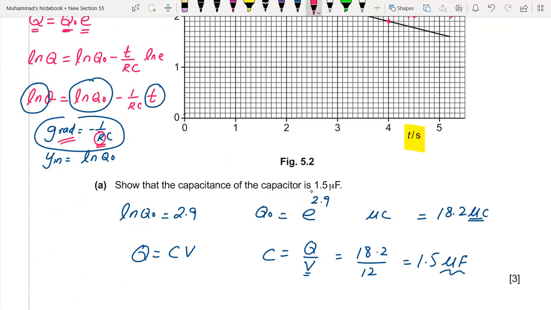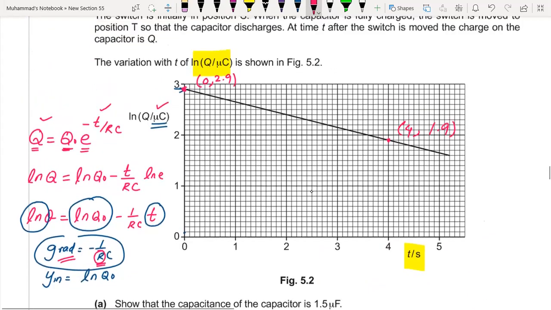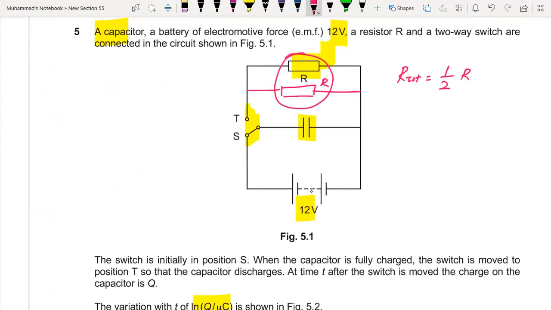If R becomes half, then the gradient will become double. C is same. So the gradient is 2 times the previous gradient. And the initial charge will be same because the capacitor is connected to the same power supply. So the initial charge on the capacitor will be same.